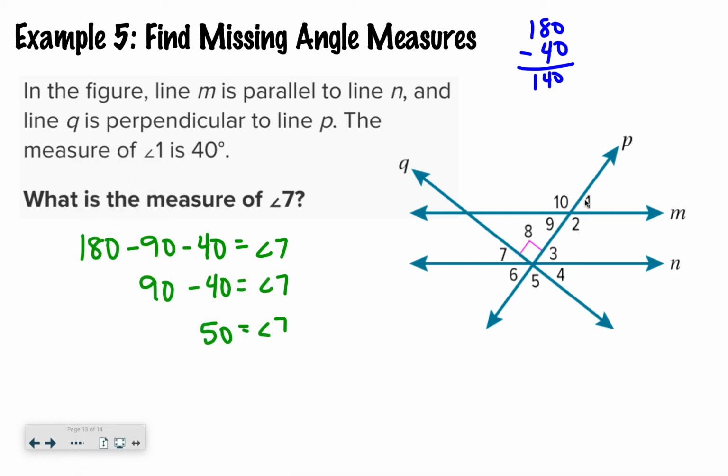And the way you can do that is, you know, angle 1 is 40. And then angle 7 is all the way down here. I don't really care about angles 9, 2, and 10. They aren't close to angle 7. So what I can do instead is say, this is 40 degrees. That's corresponding with angle 3. That's 40 degrees.